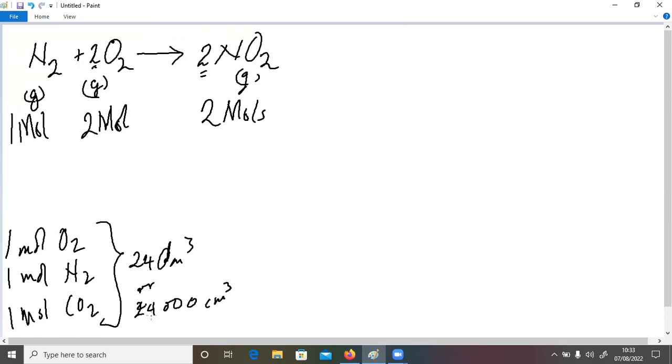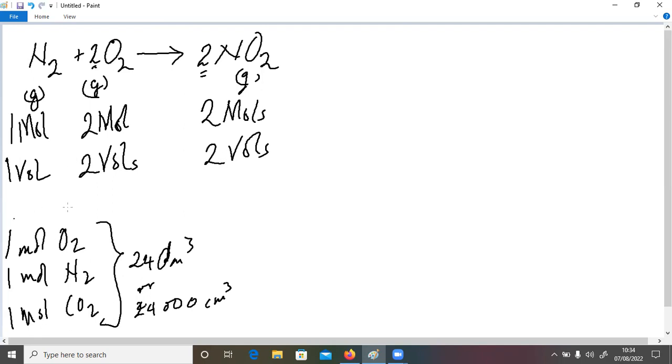So when all my reactants are gases and the products are gases, I can safely say that I am reacting 1 volume of nitrogen gas with 2 volumes of oxygen gas to give me 2 volumes of nitrogen dioxide gas.